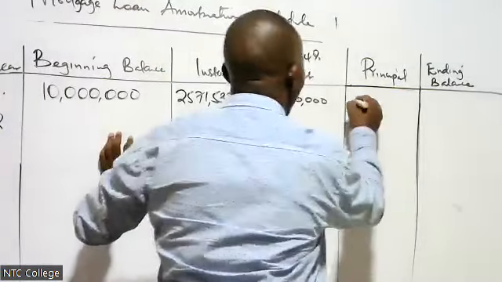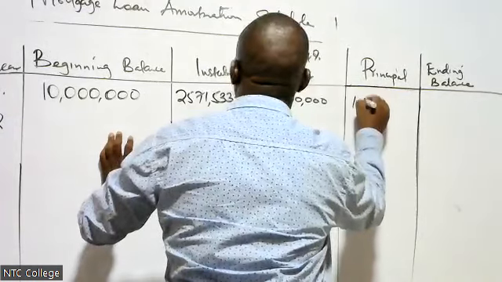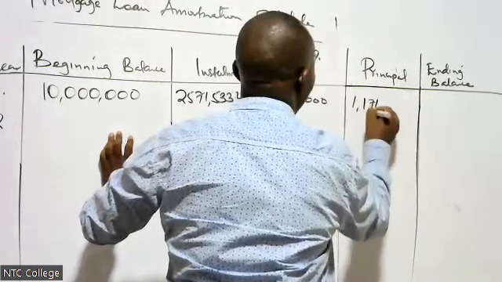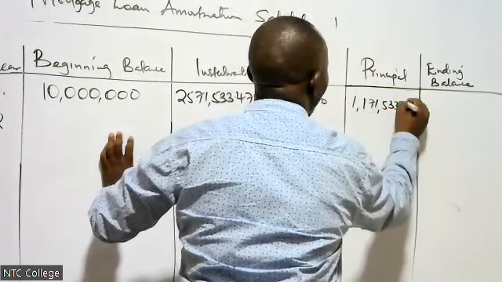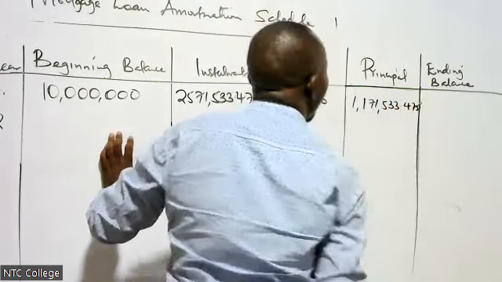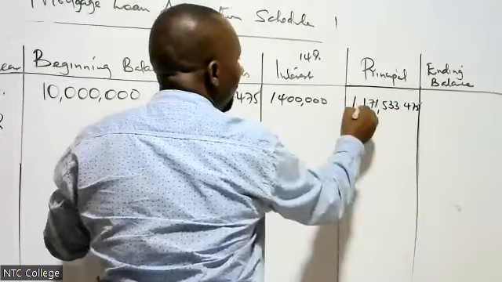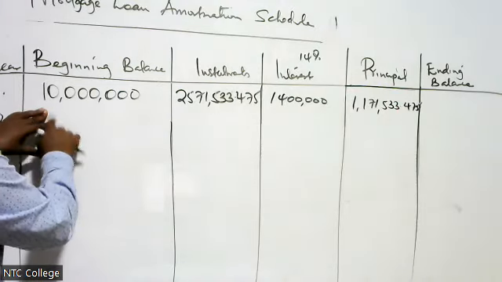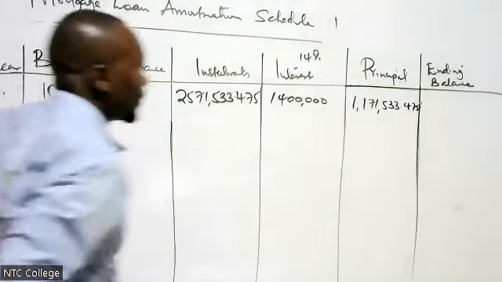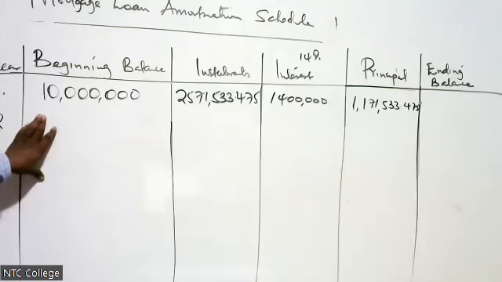Mimi nikiona hii inakaa 1.17153.475. This is now what you pay as principal. Deduct it from this. Nabaki na ngapi?